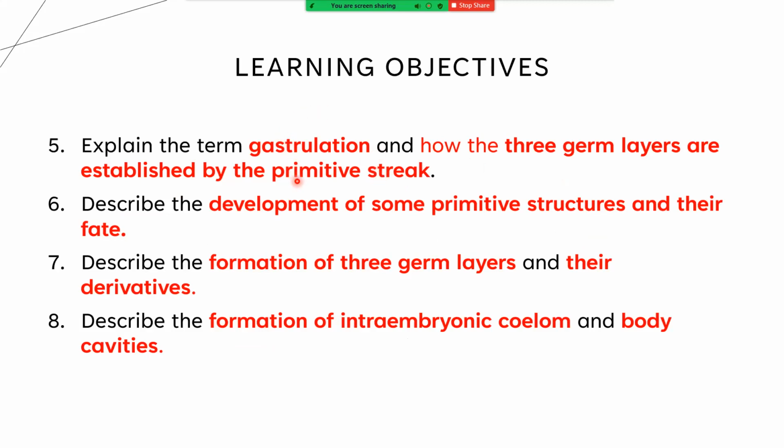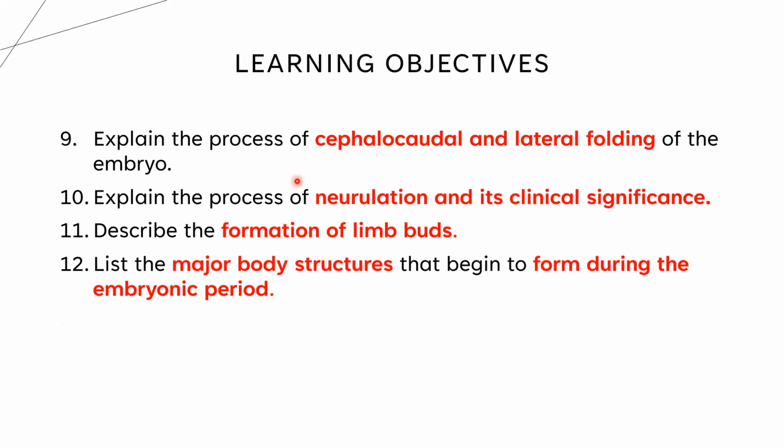And development of some primitive structures and their fate, formation of the 3 germ layers and their derivatives, formation of intra-embryonic coelom and body cavities, and a bit about cephalocaudal and lateral folding of the embryo, and neurulation and its significance, the notochord, formation of limb buds, and just a few of the major bone structures that begin to form during the embryonic period. Okay, there are 12 objectives in this quite heavy lecture.